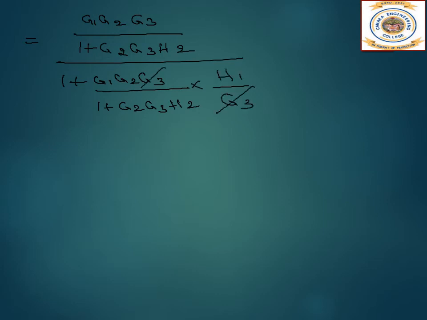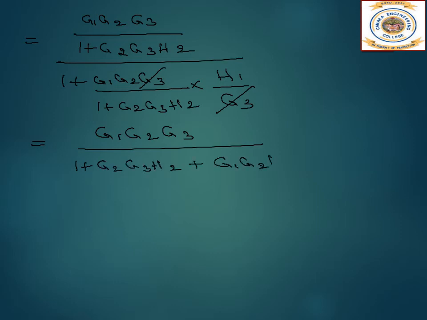This G3 and this G3 will cancel. So what do we get after simplification? G1, G2, G3 whole divided by, taking the common denominator, 1 plus G2, G3, H2 plus G1, G2, H1.